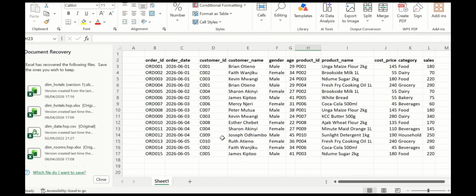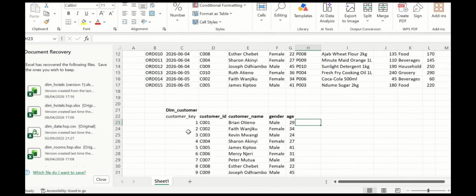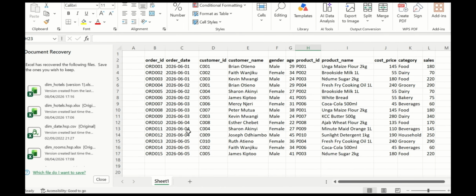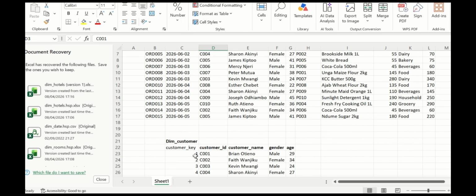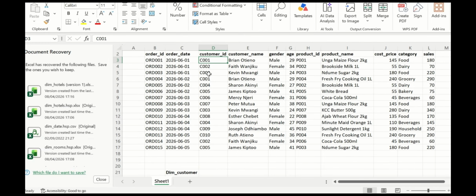So now we are going to replace this customer ID with the customer key. So let's remove it. Now let's replace. For example, C001 is represented by customer key 1.